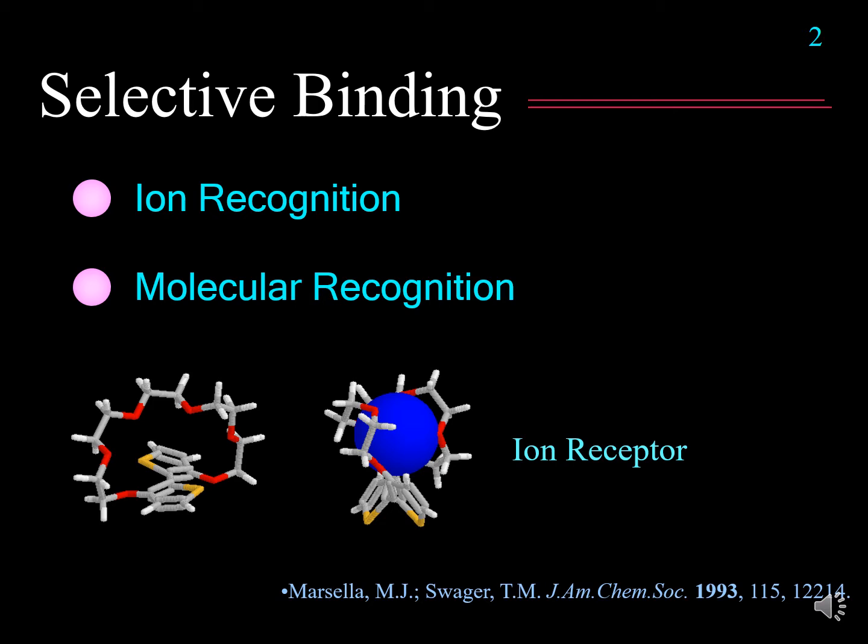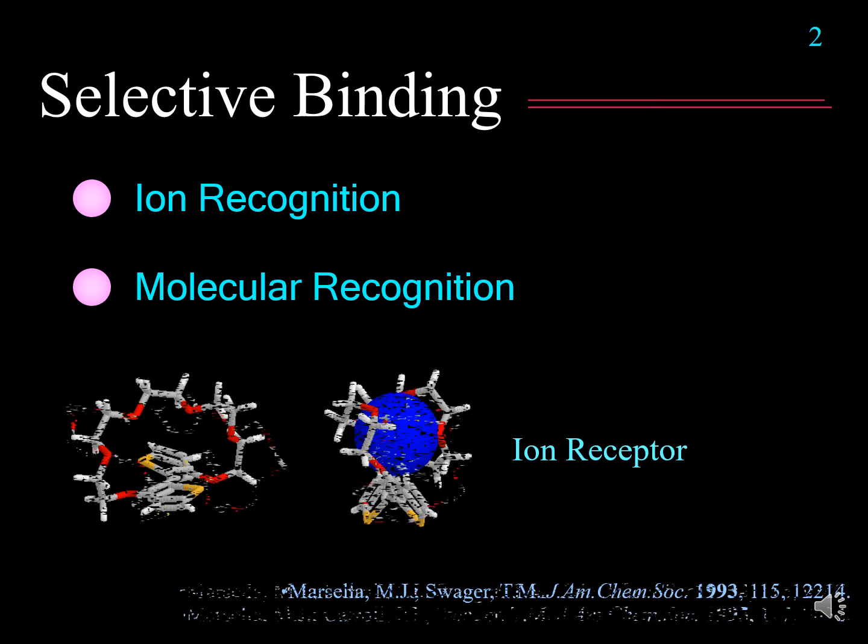So we have selectivity. This is called ion recognition because the molecule can recognize that it has to catch the potassium ion only, not anything else. So we have selective binding here. But if the selectivity is very strong, we may call it specific binding instead of selective binding. So this is ion recognition.